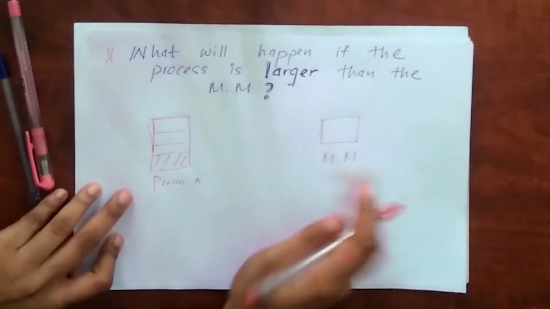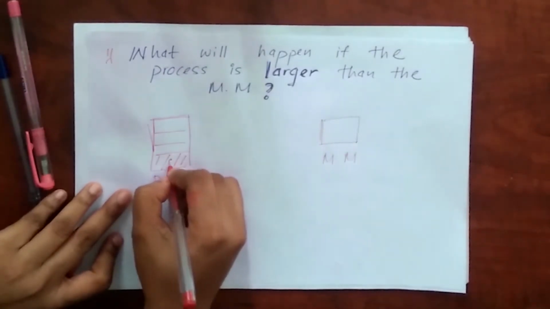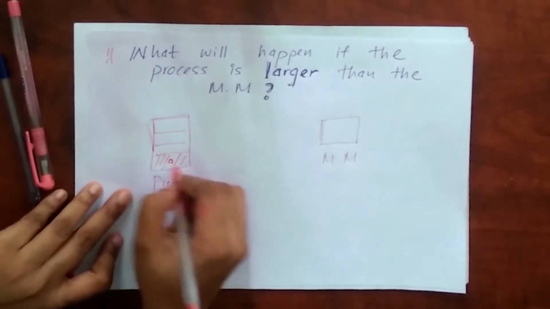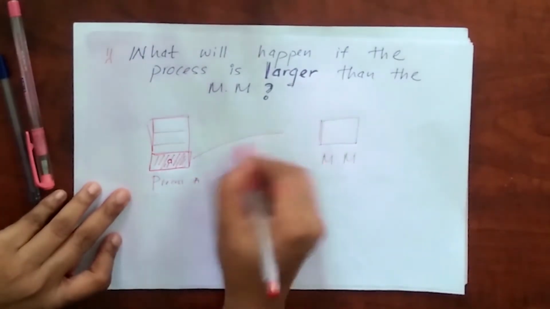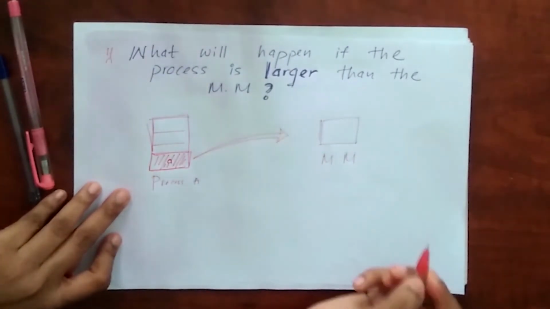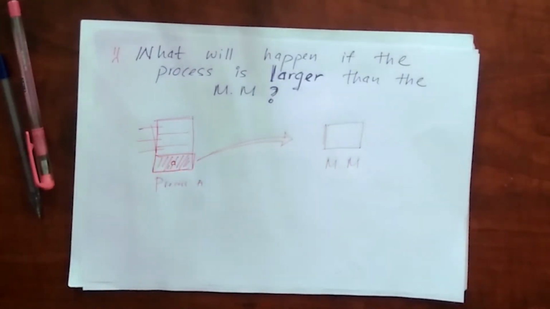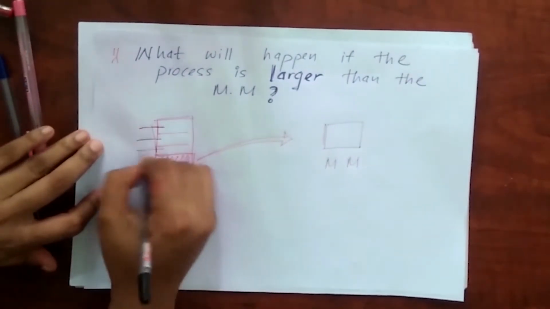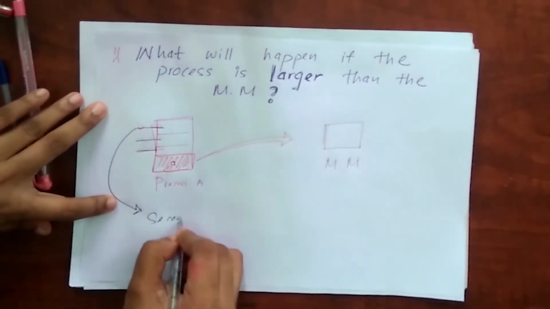Right? So let's take this part and name it A. We can load this part A to the main memory, and the other parts remain in the secondary memory.